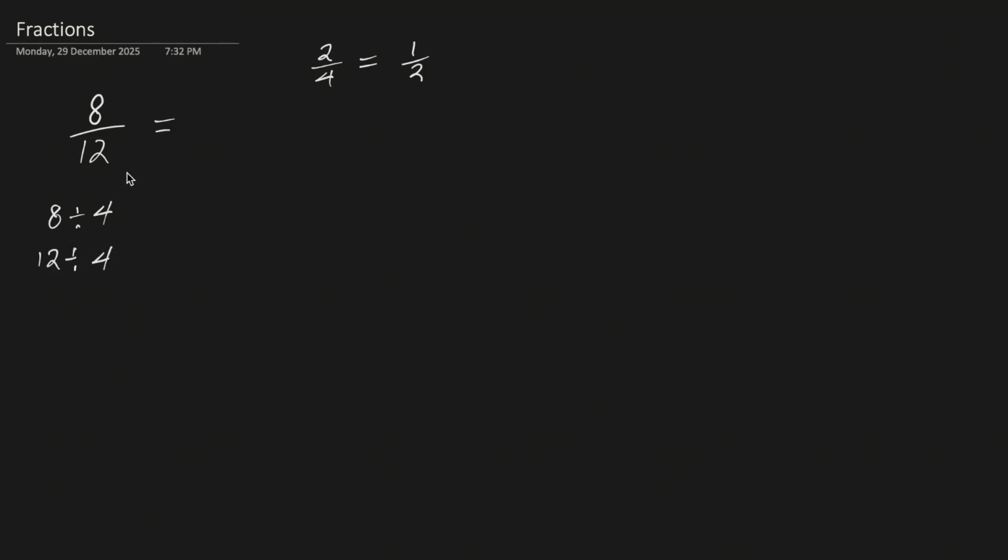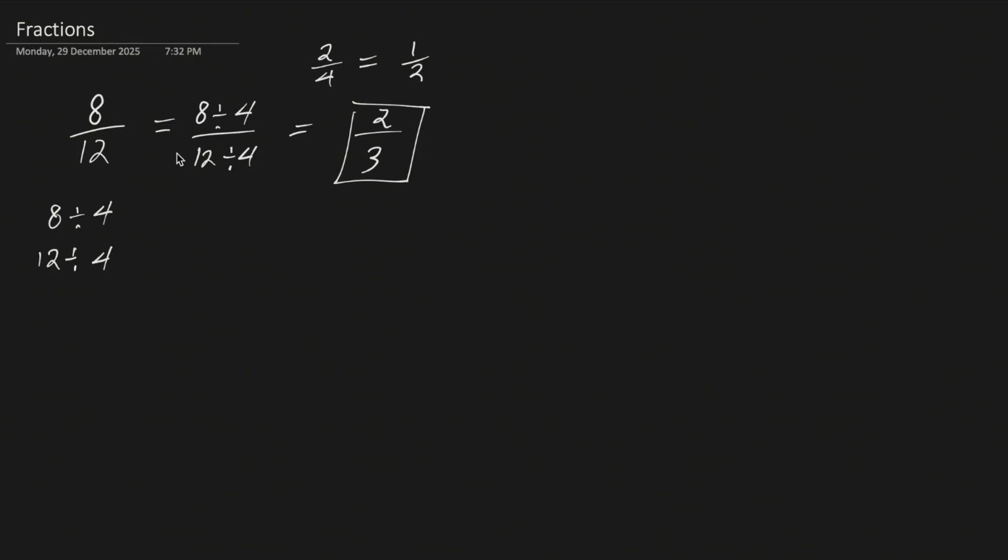If we divide by 4 on both ends, we get that 8 divided by 4 is just 2, and 12 divided by 4 is 3. Now 2 and 3 share no common divisors, so we can say that this fraction is in its simplest possible form. And what I mean by simplest possible form is that it represents the same amount.